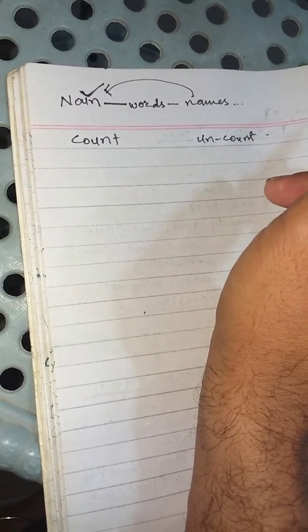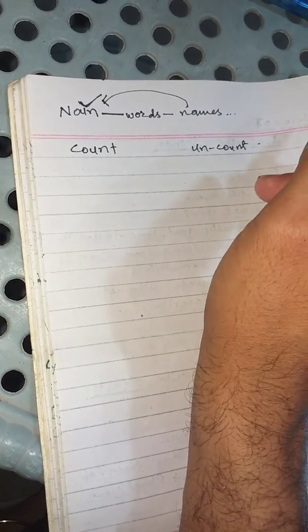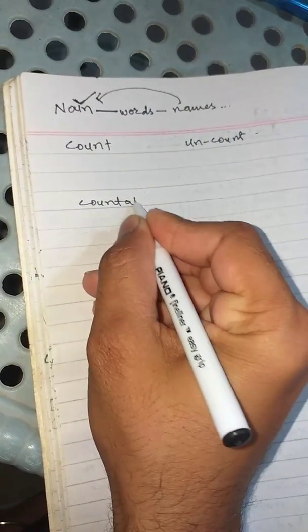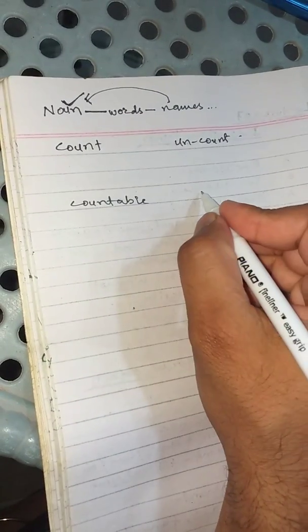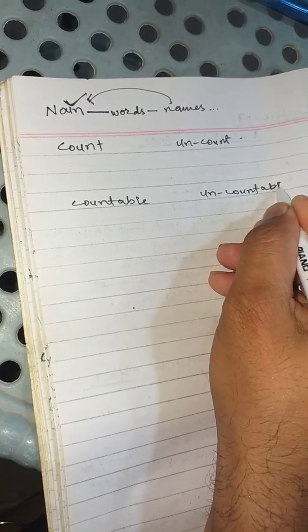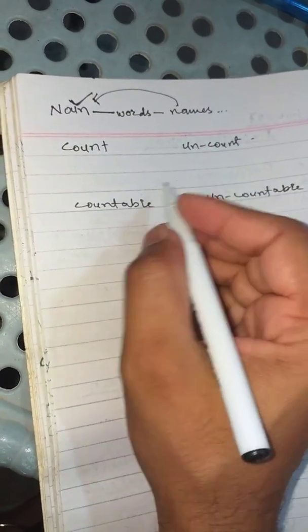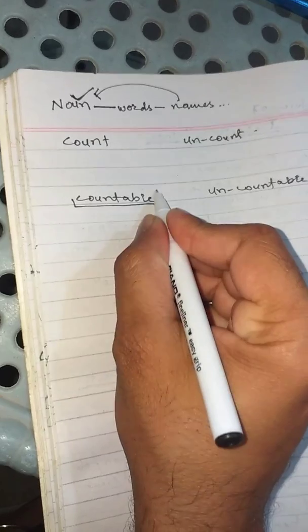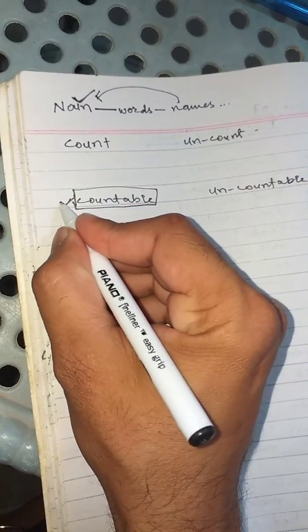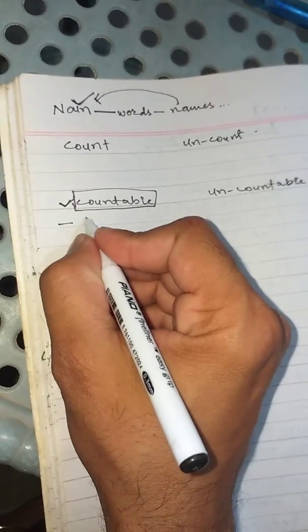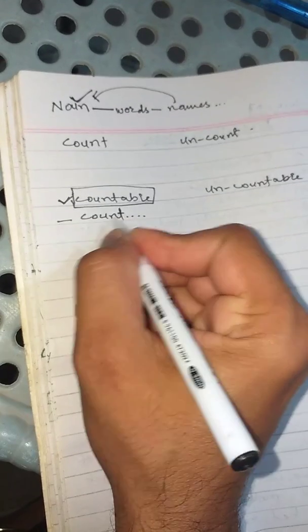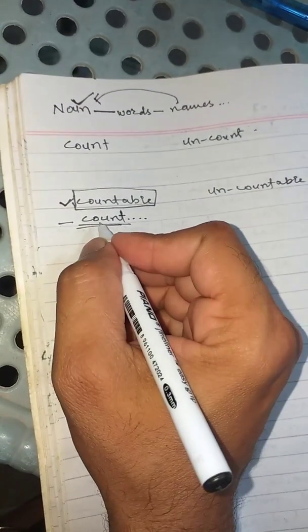Then we have four different things here. What is countable and uncountable? Now look, what do we mean by countable? Countable means those nouns which we can count, those objects which we can count. Now how do we count?